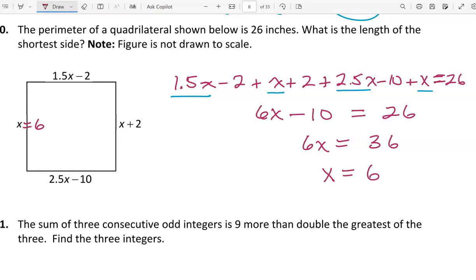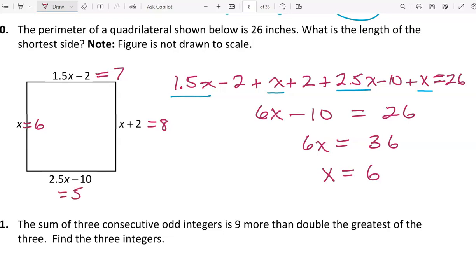1.5 times x. Well, a half of x is 3, so 1.5 times x is 9, minus 2 is 7. x plus 2 will be 6 plus 2, which is 8. 2.5 times x. Well, 2 times 6 is 12, and a half times 6 is 3, so 2.5 times 6 is 15, minus 10 is 5.